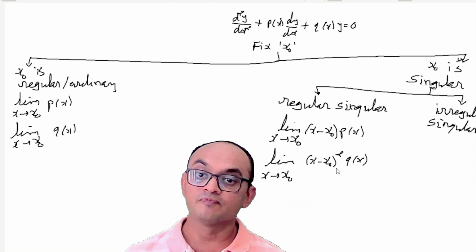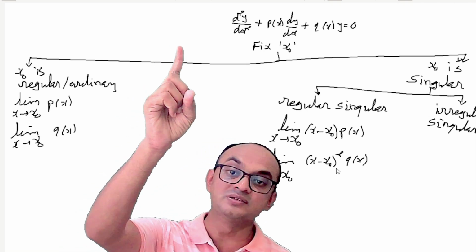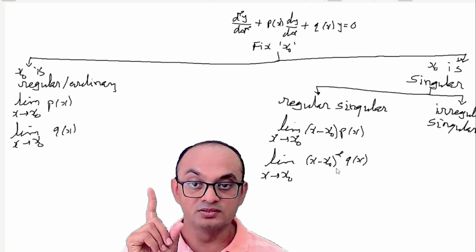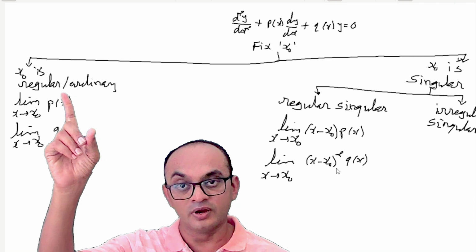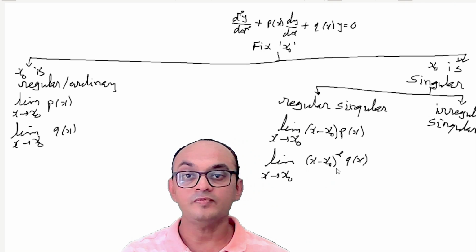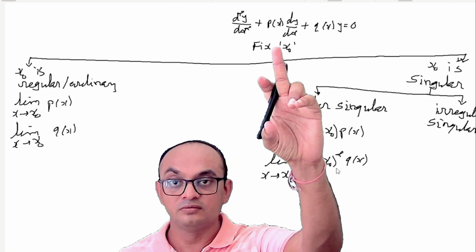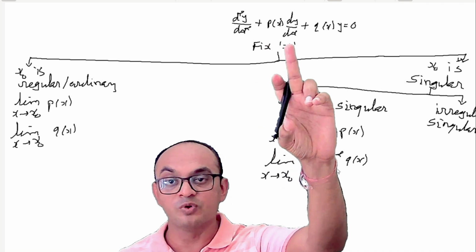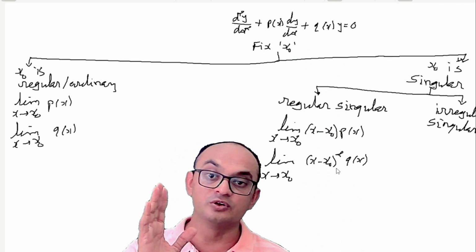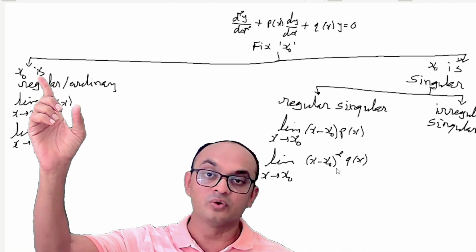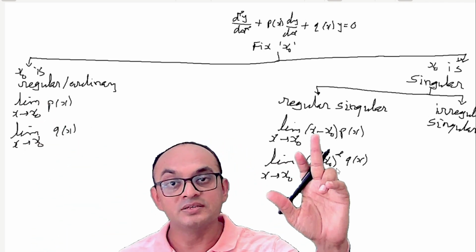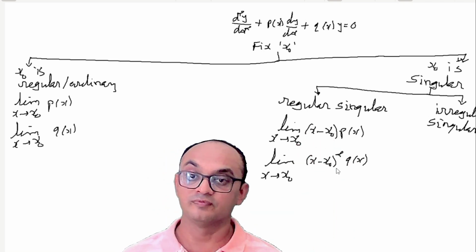Now, see, in this unit, we discuss the series solution of this differential equation in two ways. For the differential equation d2y/dx2 plus p(x) into dy/dx plus q(x) into y equal to 0, we discuss the series solution when x0 is a regular point or ordinary point, or when x0 is a regular singular point.